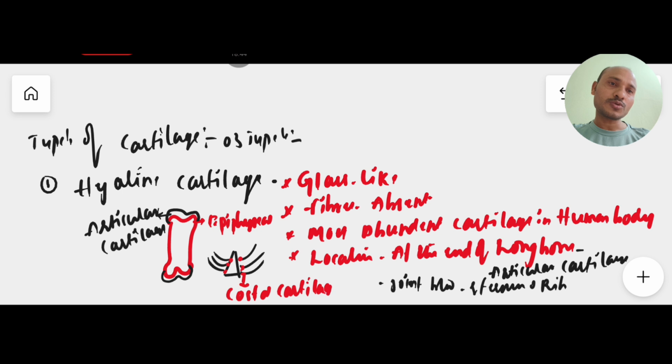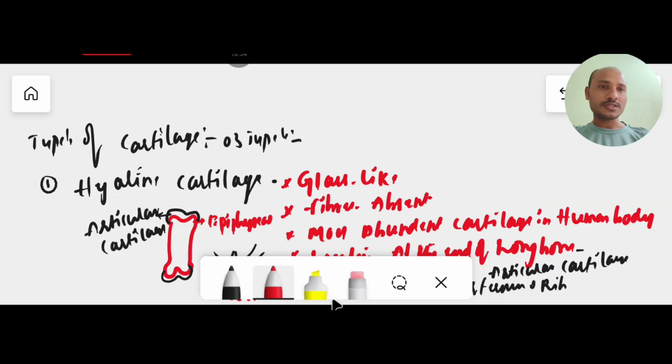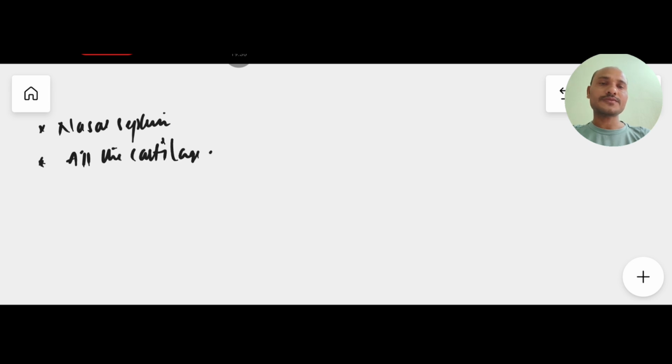So costal cartilage is also an example of hyaline cartilage. This hyaline cartilage is also present at the nasal septum, and all the cartilages of the larynx are made of hyaline cartilage. The larynx is a part of the respiratory tube; it is the sound box or voice box.